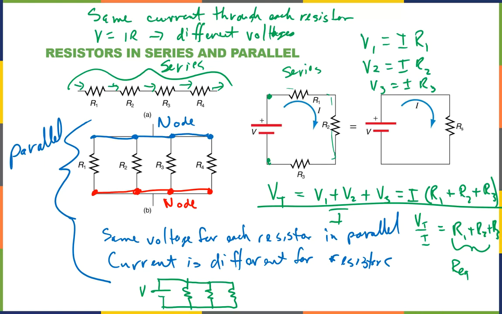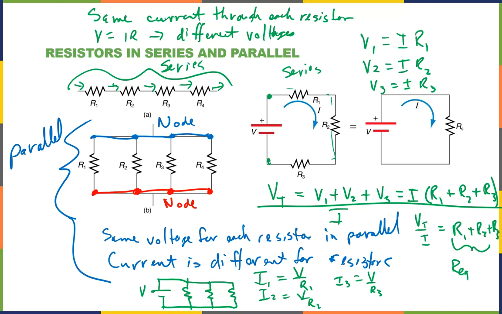And so in this case, I'm going to calculate the current through each one. So current 1 is equal to that voltage over R1. Current 2 is that same voltage over R2. Current 3 is that same voltage over R3.